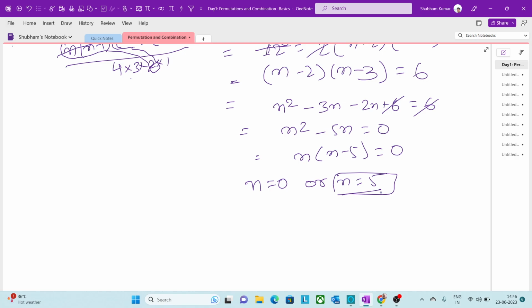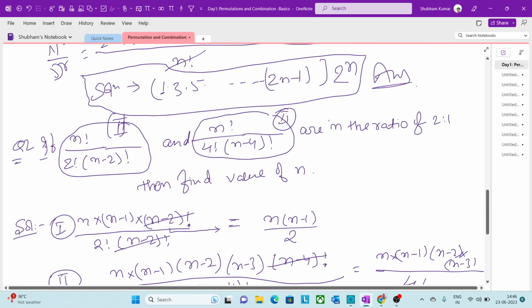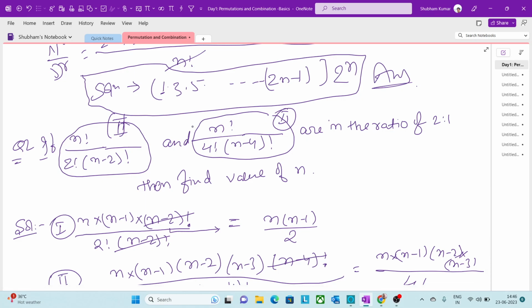If we are taking n is equal to 0, then we have to take a number for which all the conditions of this question would stand true.